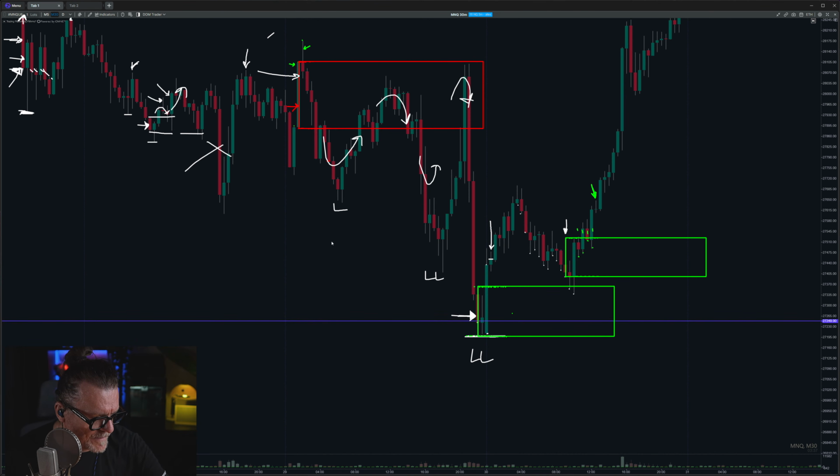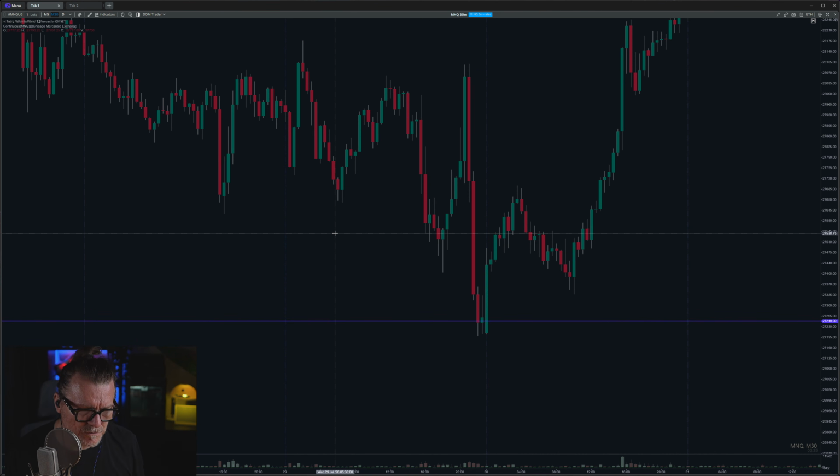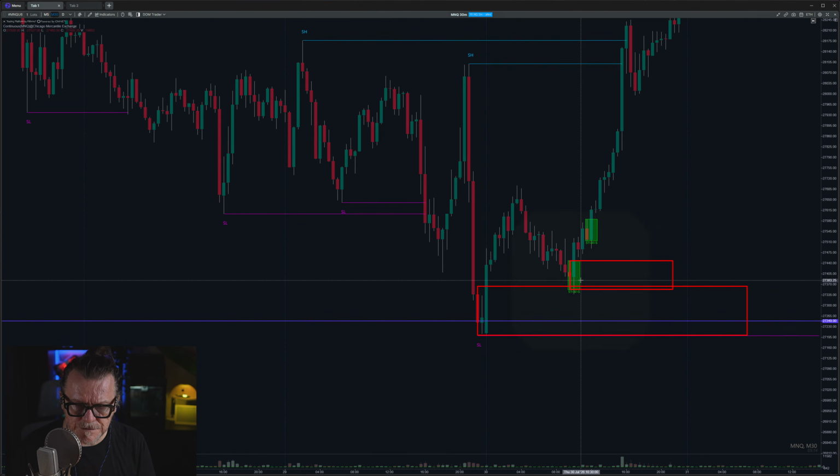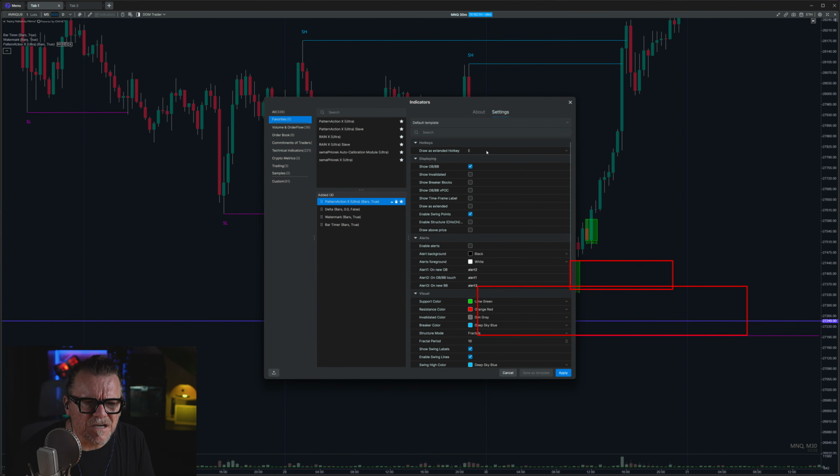That's price action. And basically just to check whether I'm right or not, I said this was the order block and this was the order block, right? And when I turn on the indicator, see that? See this? And basically when I go to the settings, there's a hotkey. I forgot the hotkey.